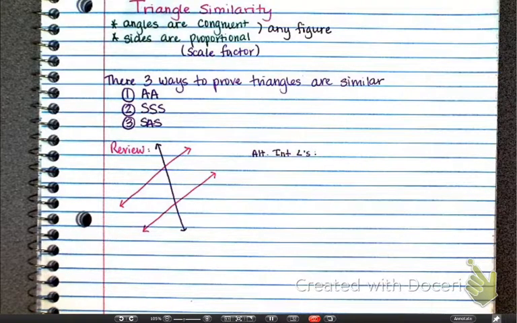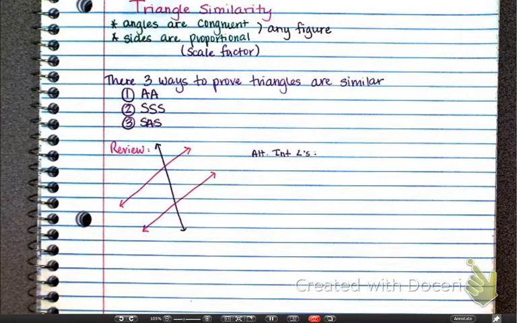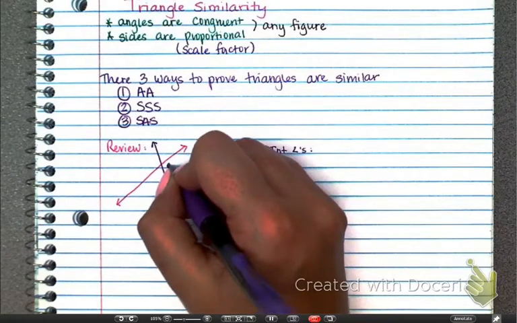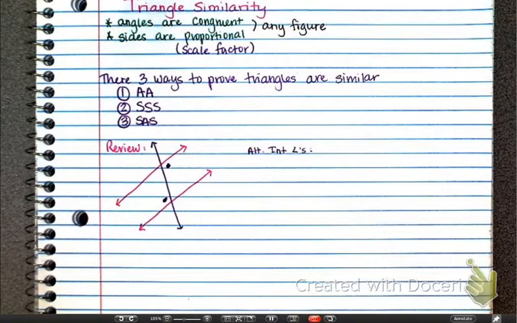So what does alternate mean? Opposite. So this alternate is going to be opposite sides of the transversal. What does interior mean? Inside the parallel lines. So alternate interior angles will be this angle here and this one here. They're on opposite sides of the transversal inside the parallel lines.